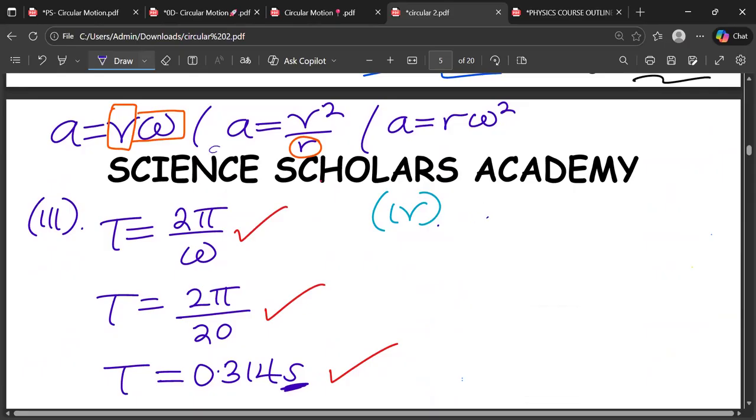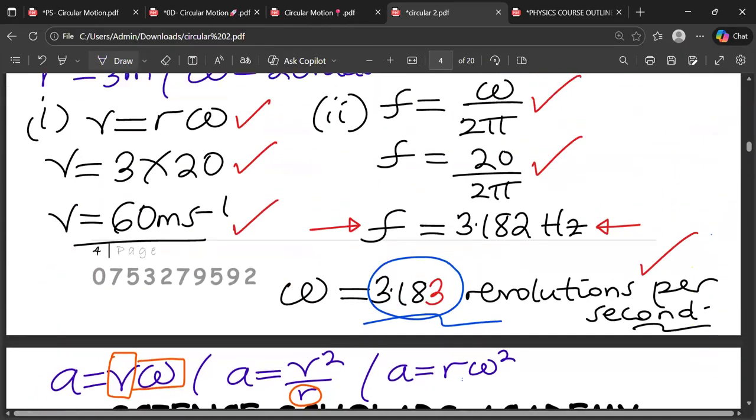So I'm going to say my acceleration is omega squared R. Acceleration is omega squared R, like that. So my A is omega squared, 20 squared R, I think it was a 3, if I'm not mistaken.